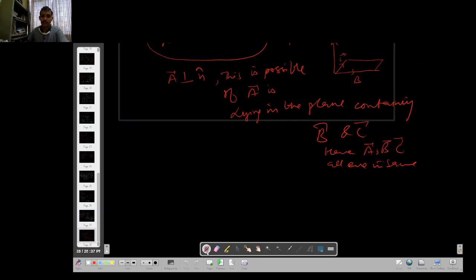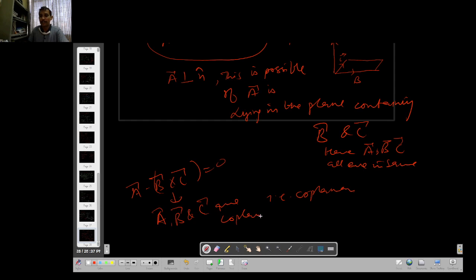That is coplanar. So that means if A dot B cross C vanishes, that means A, B and C are coplanar, right? So that's all for today's lecture.